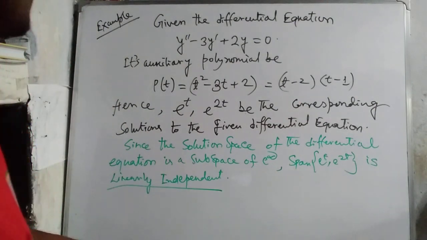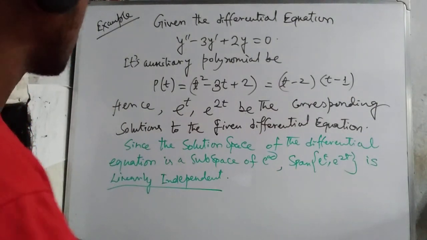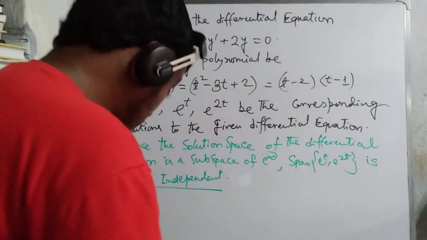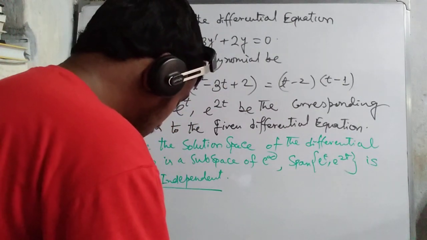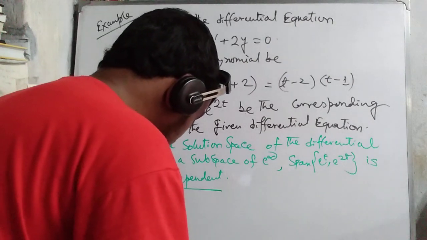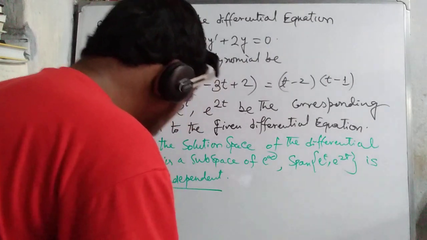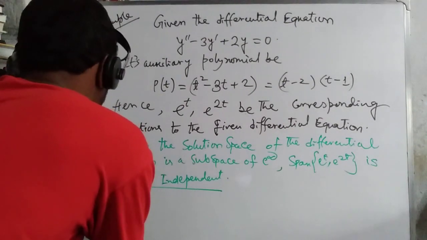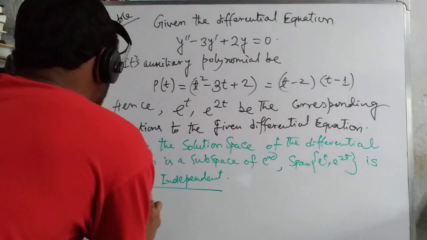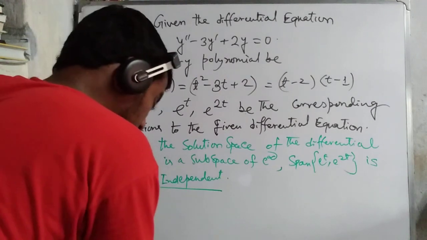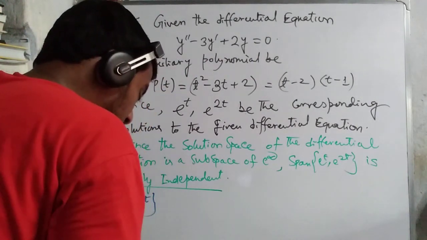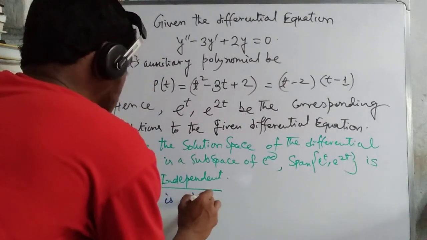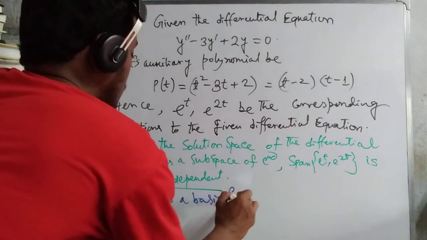That means since the solution space of the differential equation is a subspace of C infinity, the span of e to the power t and e to the power 2t is linearly independent. And then e to the power t and e to the power 2t is a basis for the solution space.